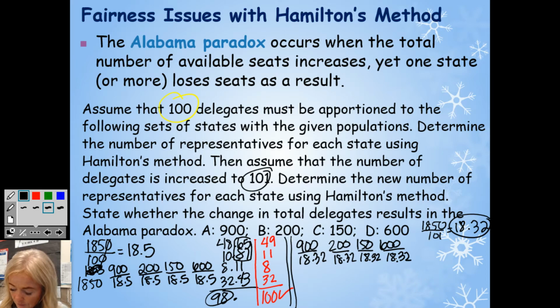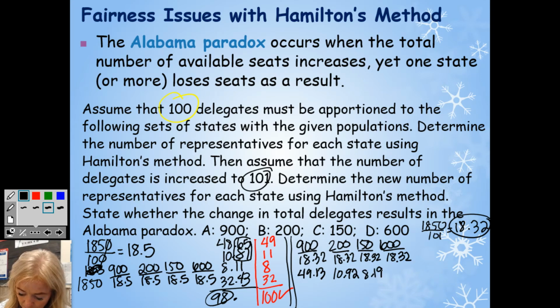So 900 divided by 18.32 is 49.13. And then 200 divided by 18.32 is 10.92. 150 divided by 18.32 is 8.19.